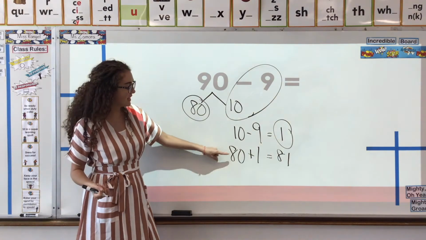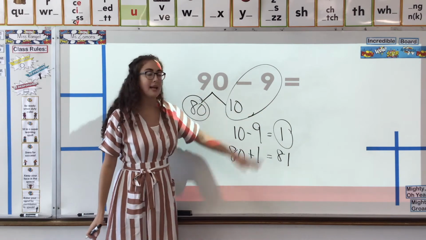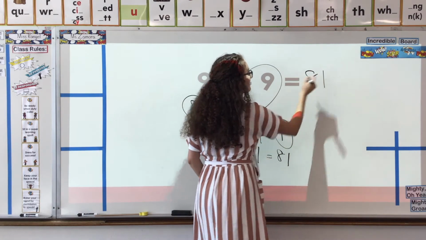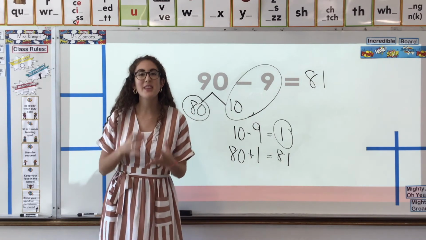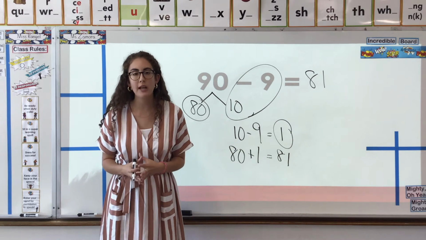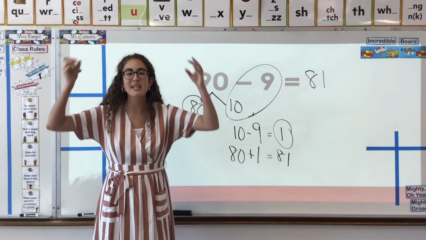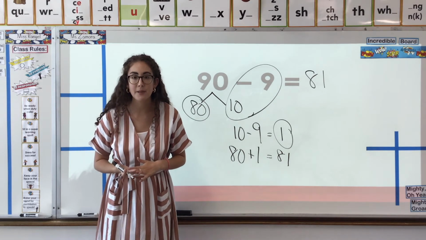So super scholars, if 80 plus 1 equals 81, what's 90 minus 9? It's 81 as well, the exact same thing. So this is the strategy we are working to use to practice how we can break apart problems in our heads and use it to solve using mental math.